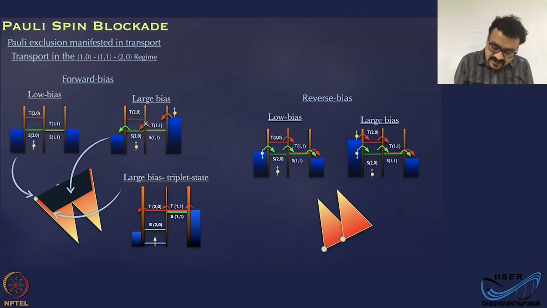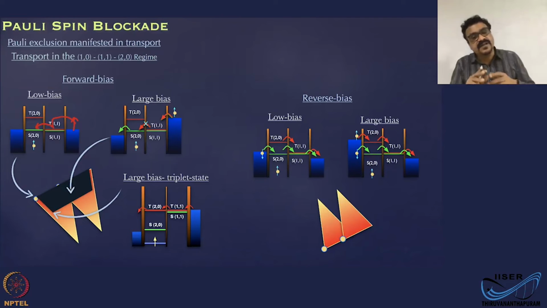So when you have a spin up state, let me mark that by a red arrow here. This can go here, but this cannot tunnel here because this state takes a spin down state because it's a singlet state.